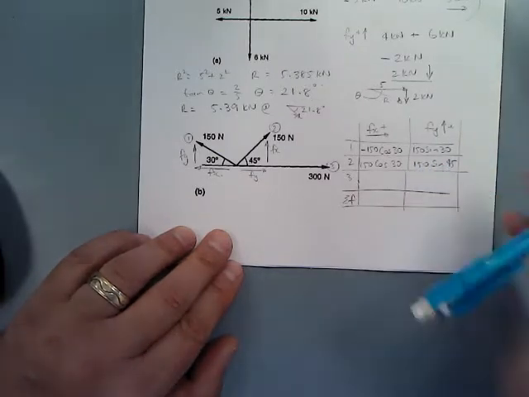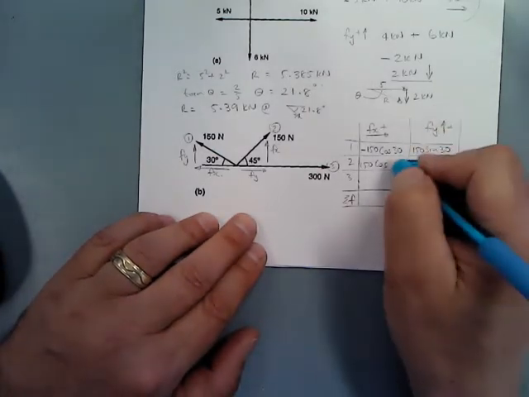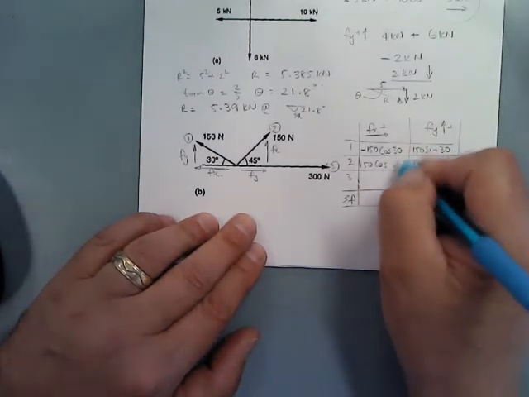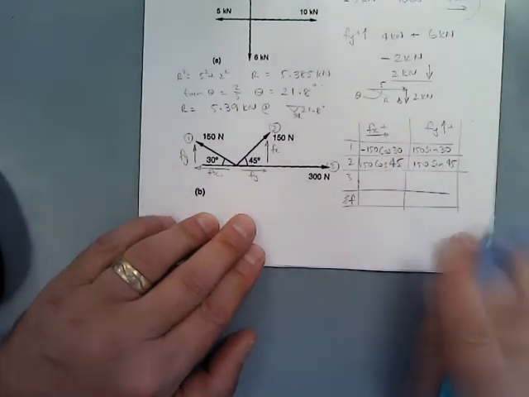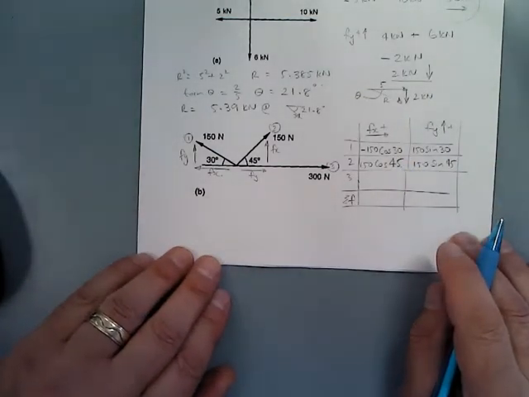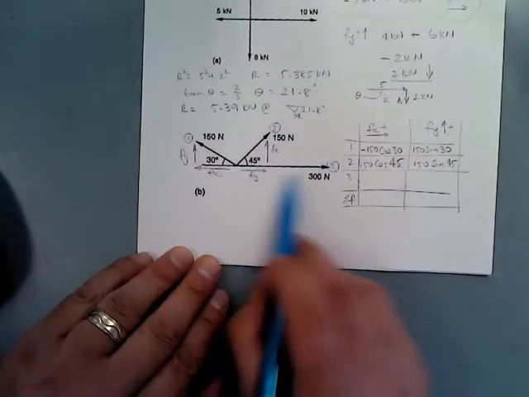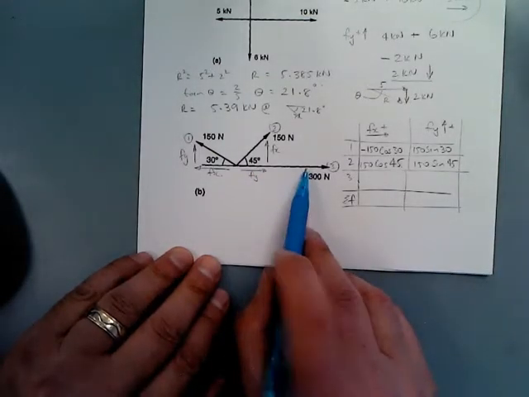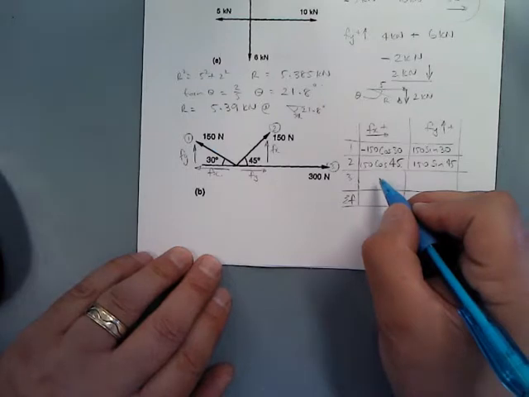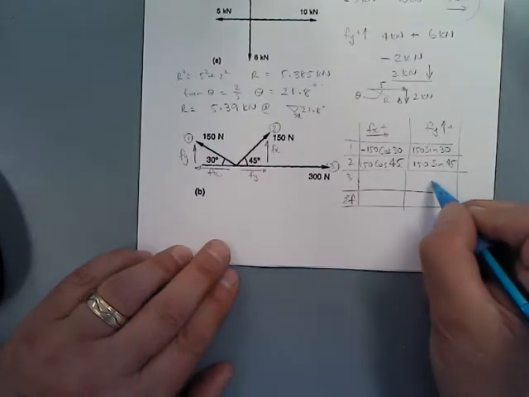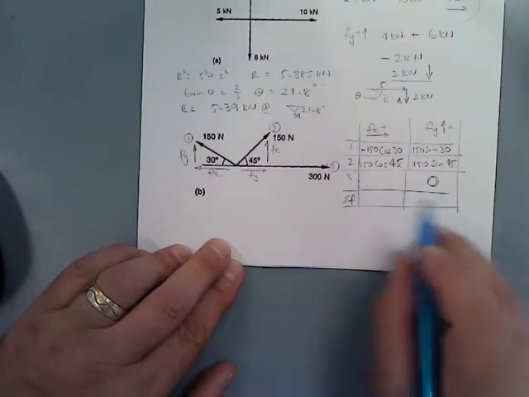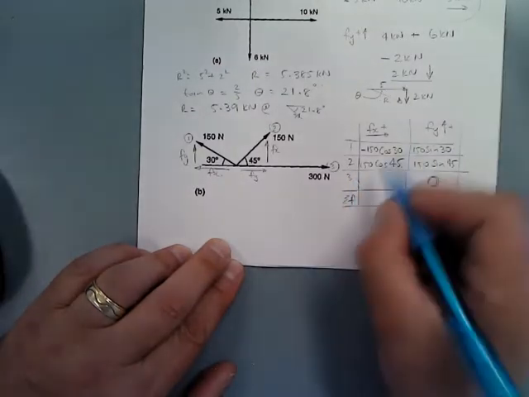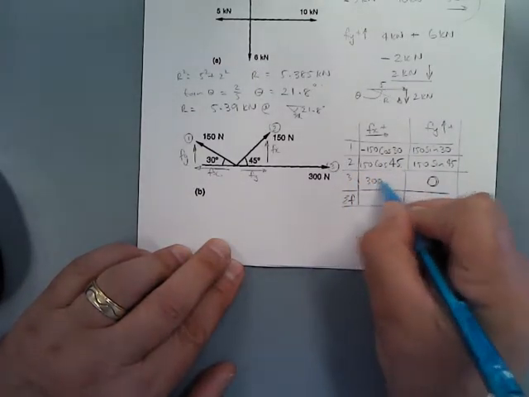And I made a mistake there, that should have been cos 45, not cos 30. Okay, force 3 is working horizontally, so there will be no y component. It's acting to my right, so it's got to be 300 newtons to the right.